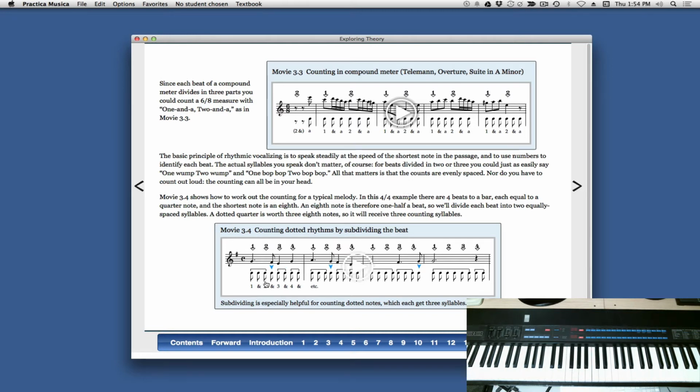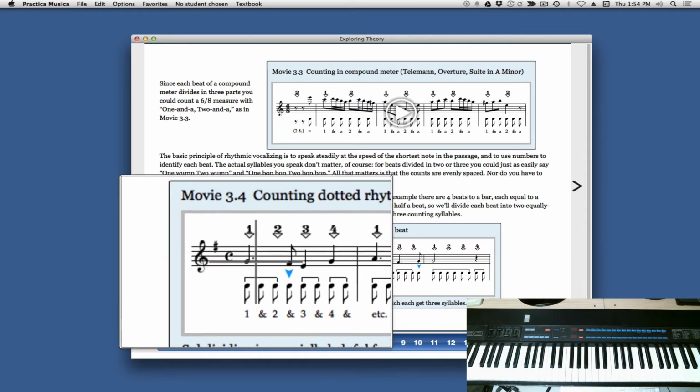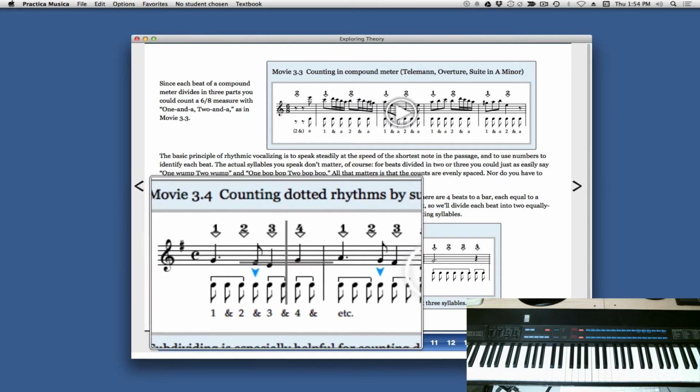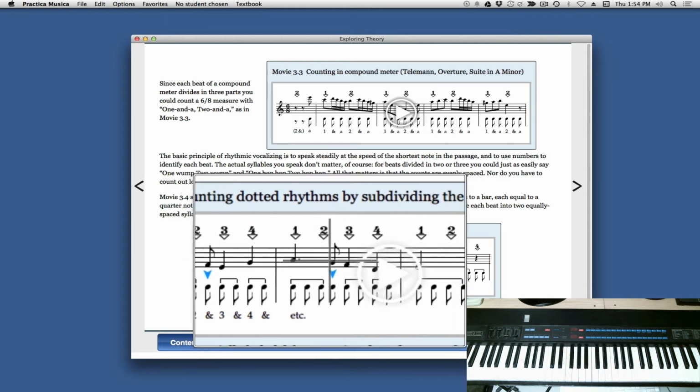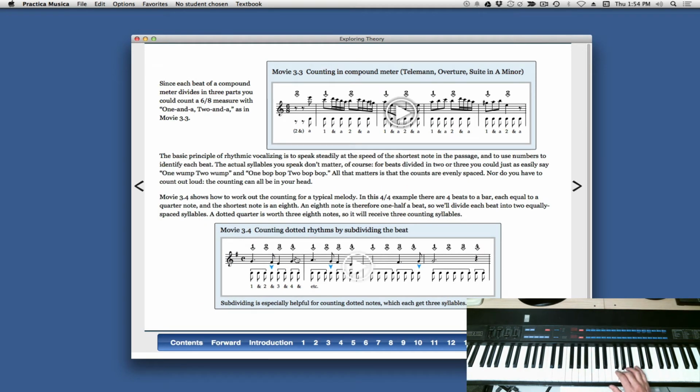Okay, so this one is in common time, which is 4/4. And so we go 1, 2, and 3, 4, 1, 2, and 3, 4, right? 1, 2, and 3, 4, 1, 2, and 3, 4, 1, 2, 3, 4, and 1, 2, 3, off.